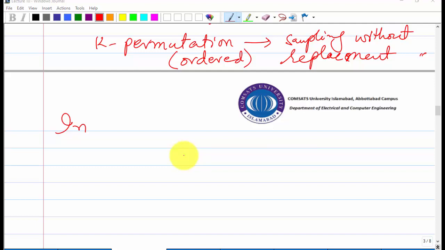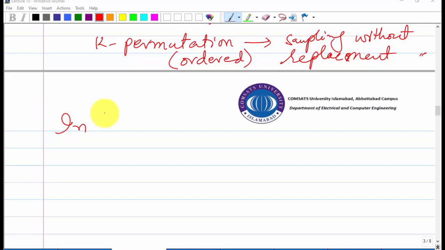Sometimes order is not important. Means if we choose cards out of 52 cards, as we know they are from 2 to 10, and then J, Q, K and A. If we put them in the sequential order of the cards, whenever we get 2 or 5 and 7 and J, Q or whatever, we will put them in order.